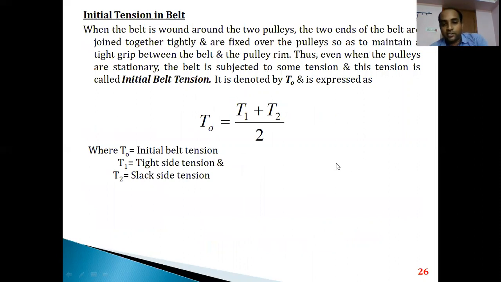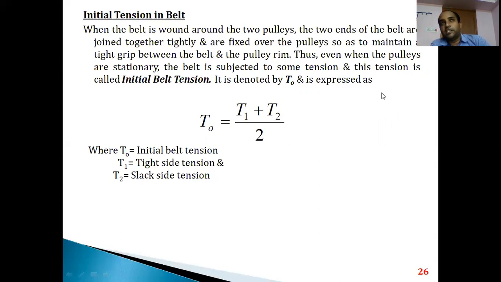Now, the next term is initial tension in the belt. So what is this initial tension? As we were discussing, when the belt is wrapped around the two pulleys, the two ends of the belt are joined together tightly and fixed over the pulleys so as to maintain a grip between the belt and the pulley rim. So when the pulleys are stationary, not rotating, there is some amount of tension present in the belt.